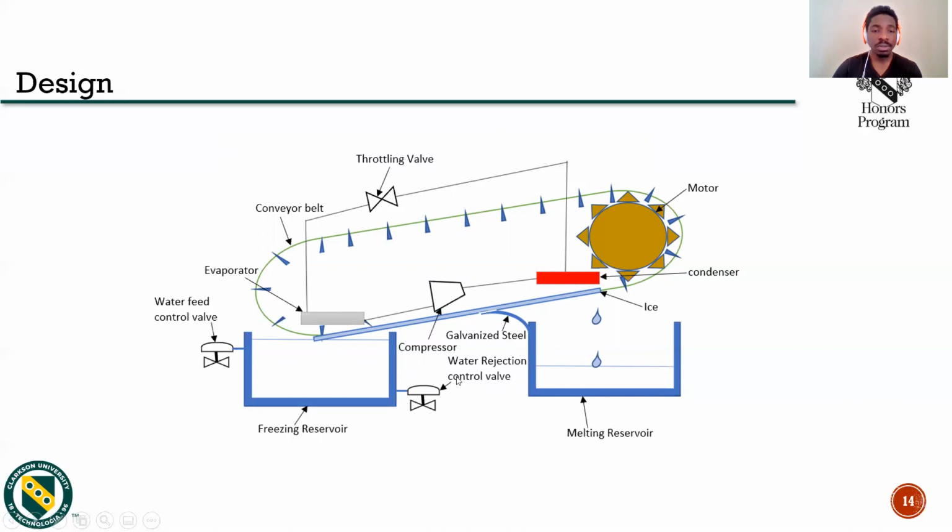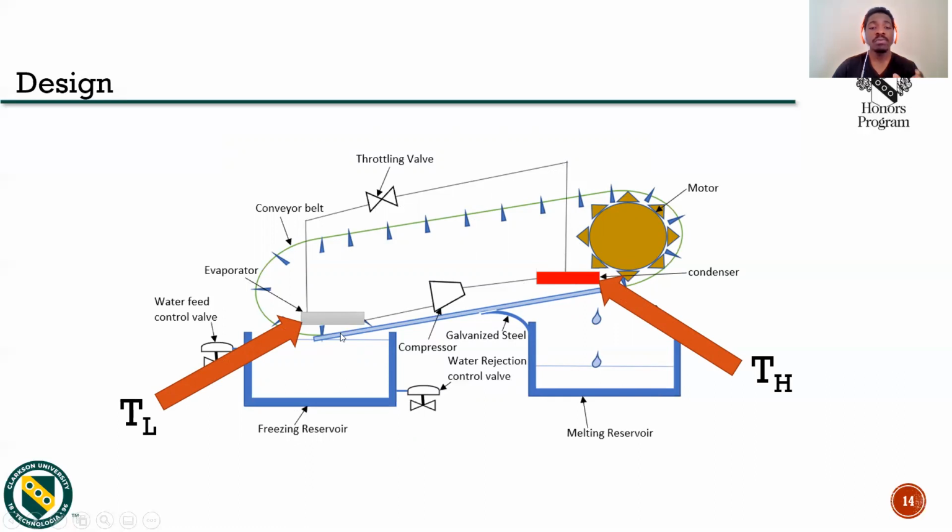I also work on evaluating the energy consumption of the refrigeration cycle of our system. In order to do so, I needed to find the temperature in the evaporator as well as the temperature in the condenser. I assume that the temperature of the evaporator will be equal to that of the freezing reservoir. Therefore, we will only need to remove the latent heat of fusion. In the same way, the temperature of the condenser will be the same as the freezing point of the ice.